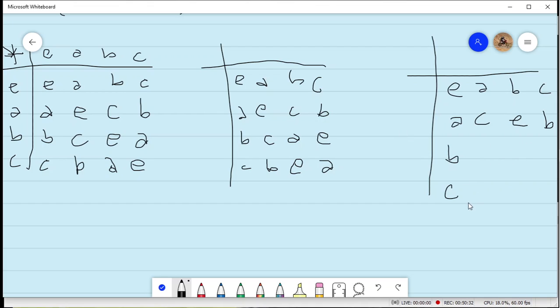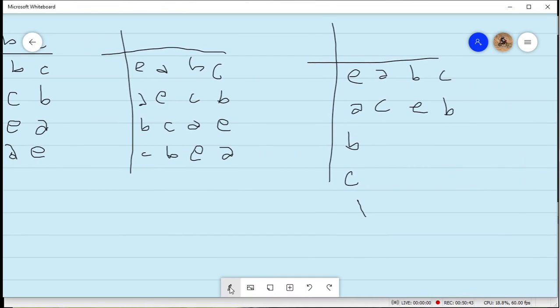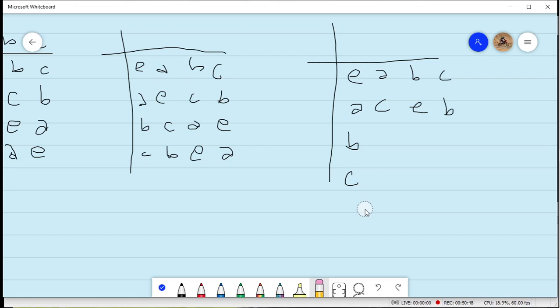Okay, and then, in which case, this would be the space for no other than E. Because if we put B here, there will be two B's in this row.